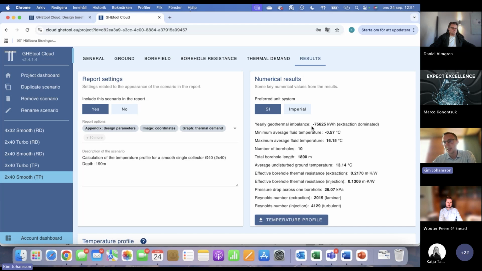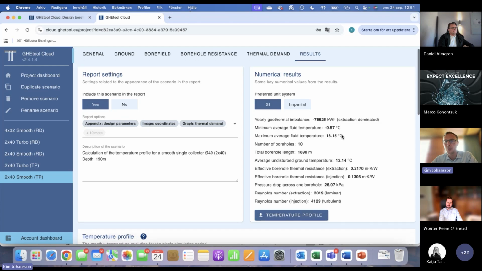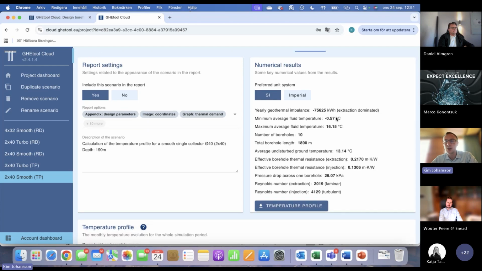So what differs this time when we are not looking at the required depth is that the fluid temperature will be a bit different. So instead of 0 degrees here, which we put as a limit in the former examples, the software is now allowed to go below 0.